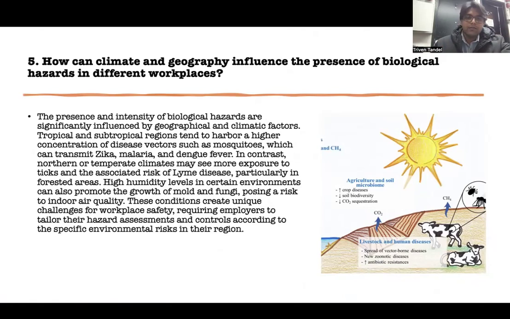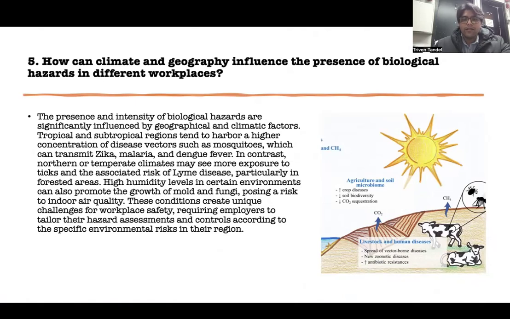Those are places where mosquitoes can transmit diseases like Zika, malaria, and dengue. In northern areas where temperatures are lower, there may be more exposure to ticks and the associated risk of Lyme disease, particularly in forest areas.